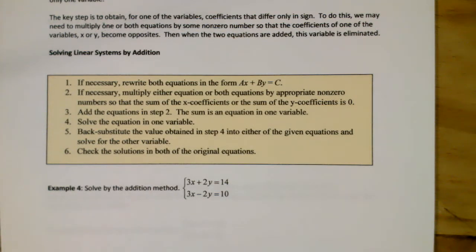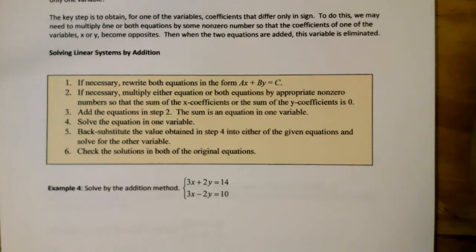Step three is to add the equations in step 2. That sum should be an equation in one variable. Step four: solve the equation in one variable. Step five is to back substitute the value obtained in step 4 into either of the given equations and solve for the other variable. And finally, step six is to check your solution in both of the original equations. So that's the procedure for solving a system of equations using the addition method.